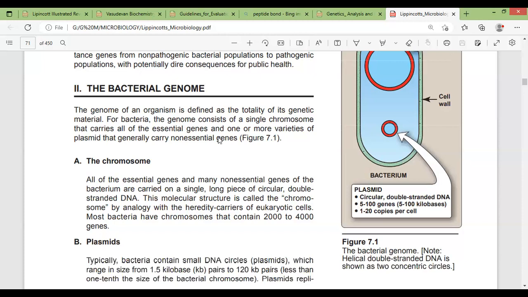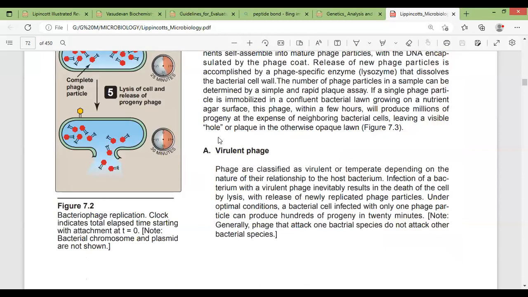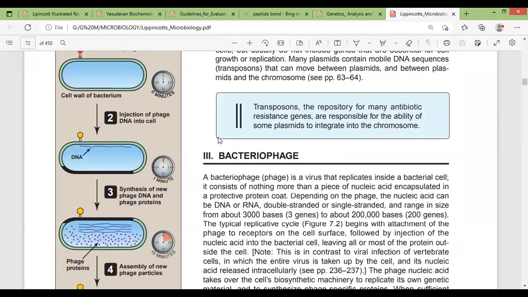We won't look at bacteriophage as much, but I'll just mention something about it. Bacteriophage is actually a virus, right? It's a virus that can infect bacteria.